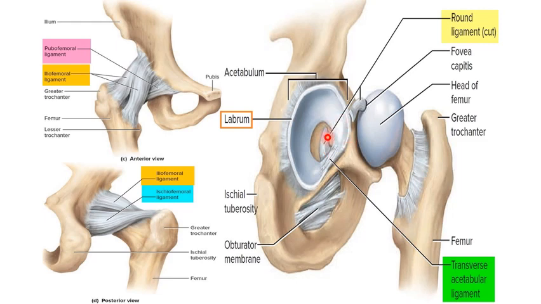And this is the ligament of the head of the femur, or the round ligament, or ligamentum capitis. This carries the blood vessels to supply the head of the femur. So these are the intracapsular ligaments.